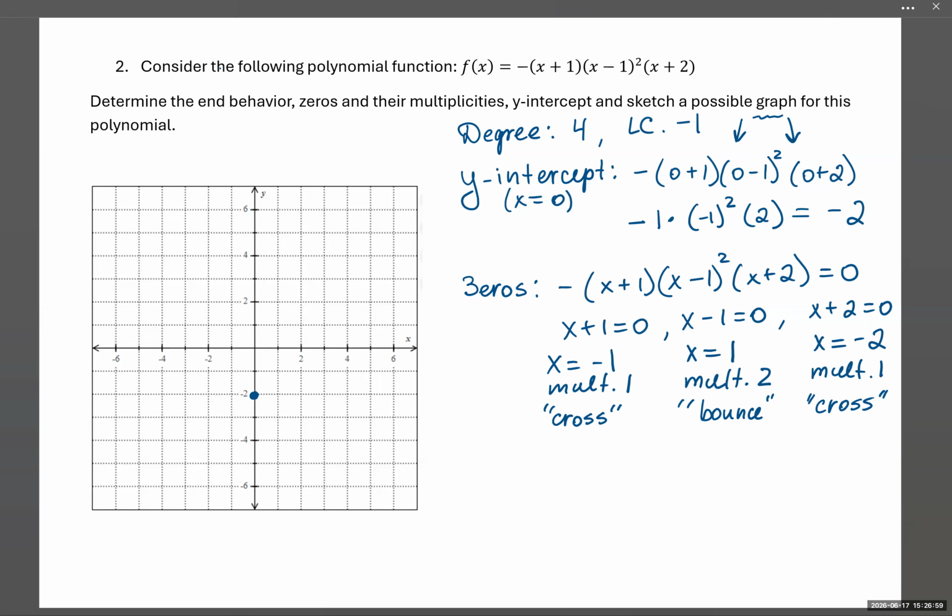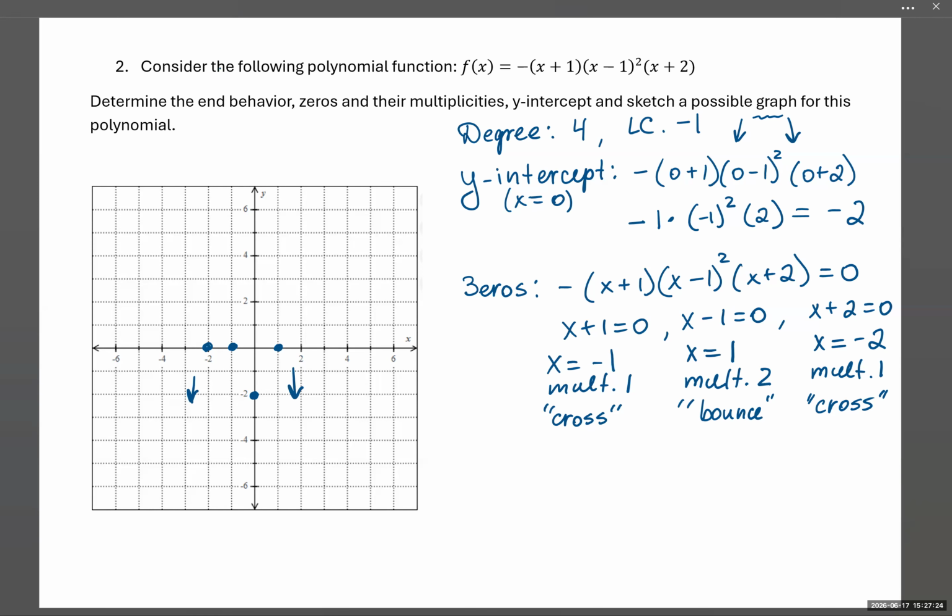So let's go ahead and put the zeros on the x-axis: negative 1, negative 2, and 1. And then the ends, I have not put the ends down yet. So the ends, left end points down and right end also points down.